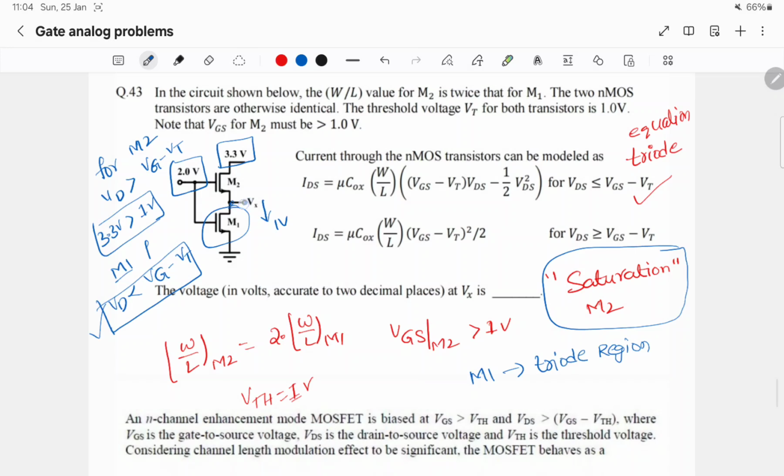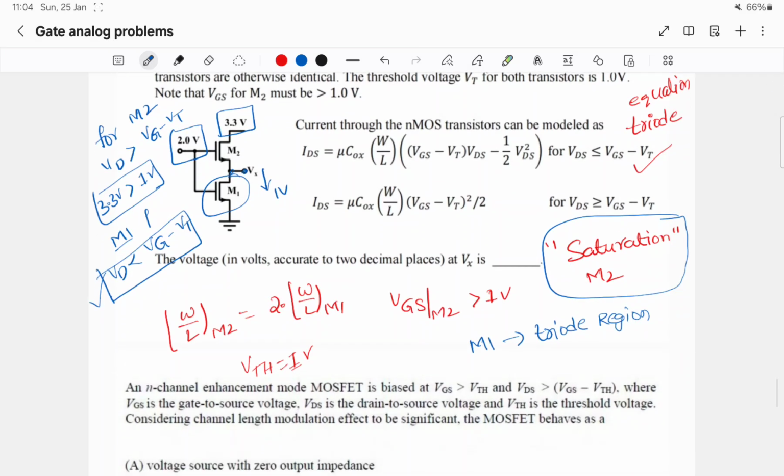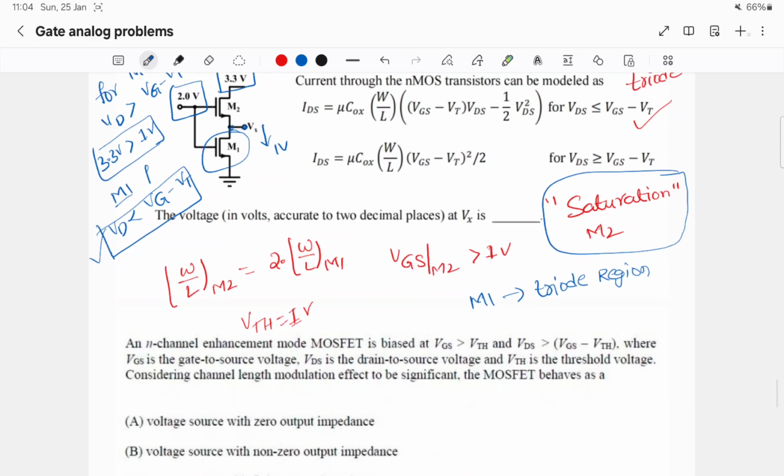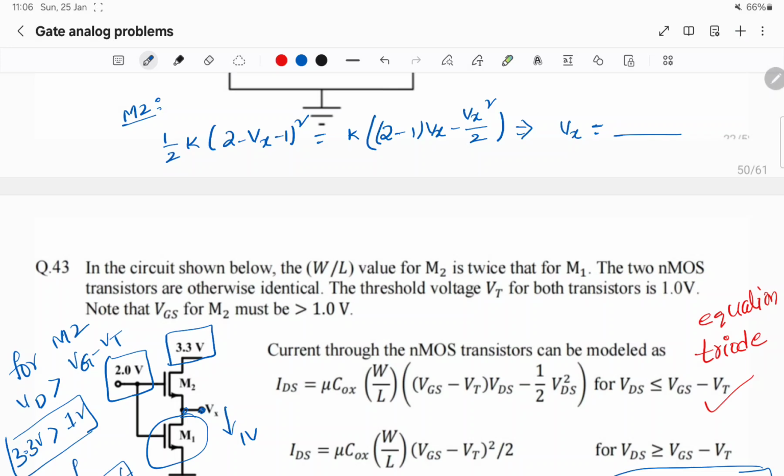Now we have to find the value of Vx. For this we have to write the current equations for both M2 and M1, equate them, and find the value of Vx. We said M2 is in the saturation region, so the current for this is half mu1 Cox W/L, which I am taking as K, so half K times (Vgs minus Vth) whole squared.